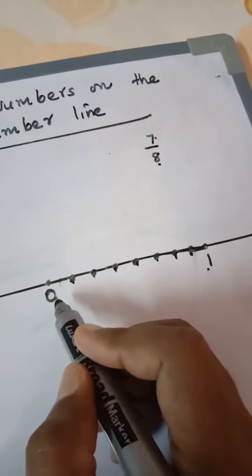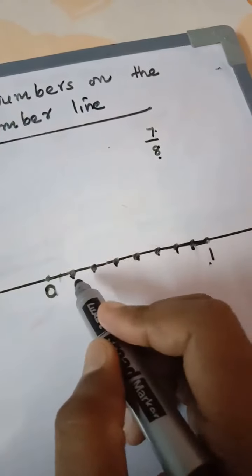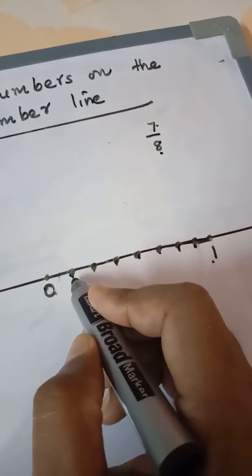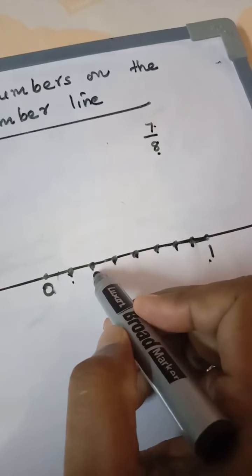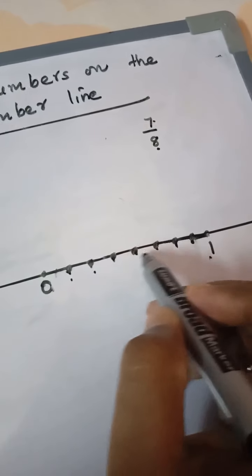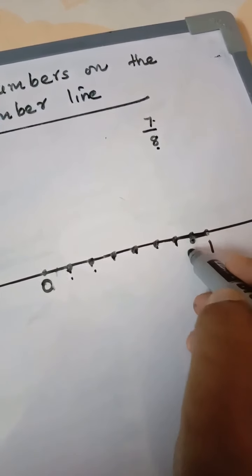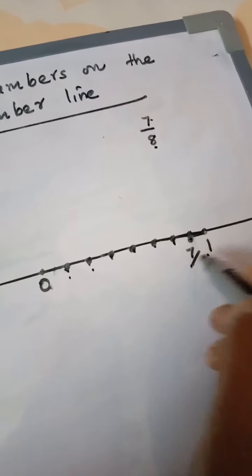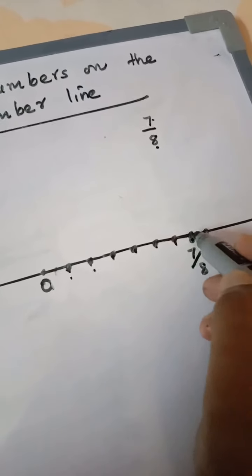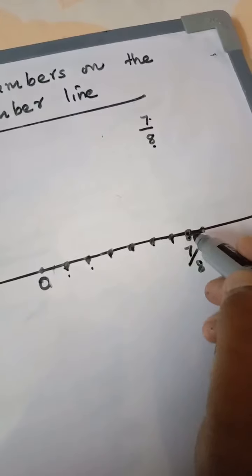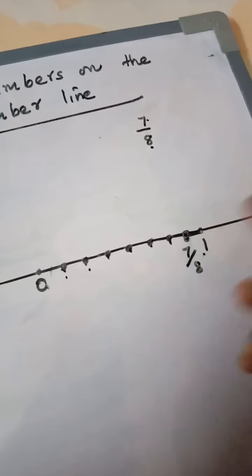So divide the portion between 0 and 1 into 8 equal parts and name it: first one 1 upon 8, second one 2 upon 8, and so on. So here this is the point which represents the rational number 7 upon 8. So this way we can represent the rational number 7 upon 8 on the number line.